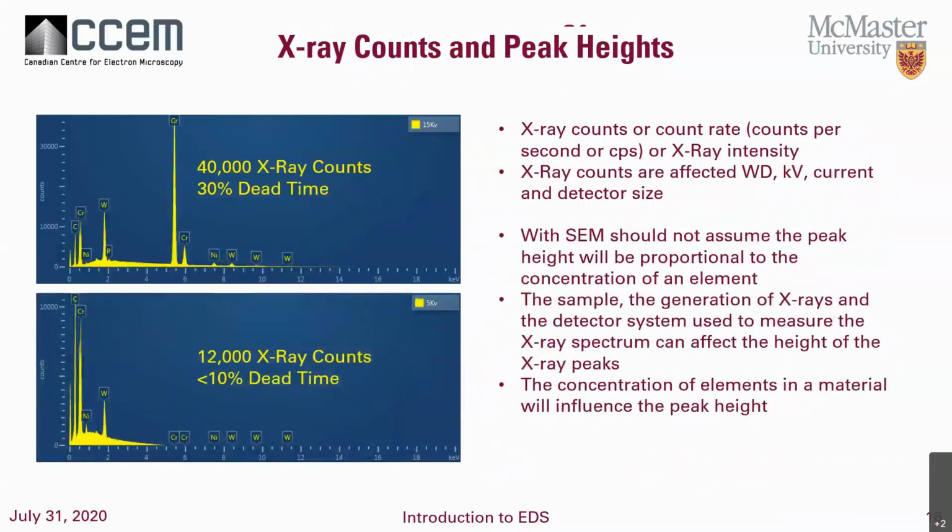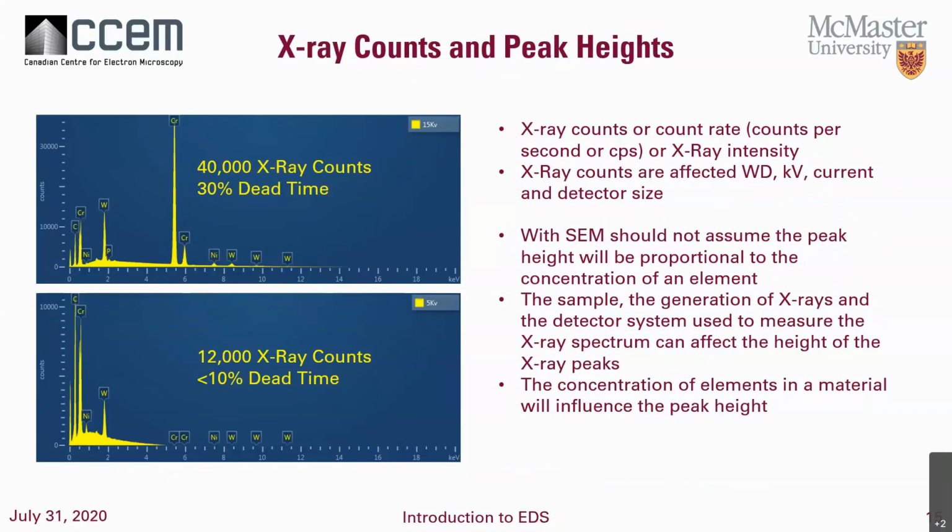Now, the counts of X-rays, or X-ray intensity, you'll also see it sometimes listed as counts per second, is affected by the working distance, which would be set for the particular EDS setup, kV, current, and also the detector size.